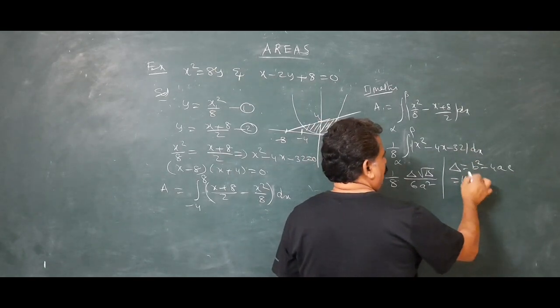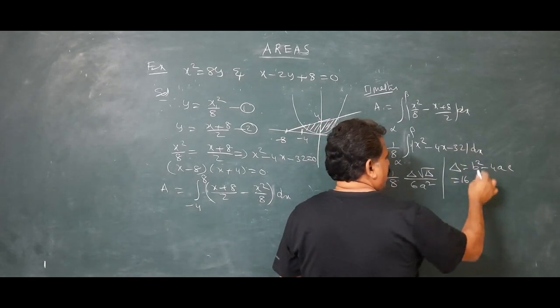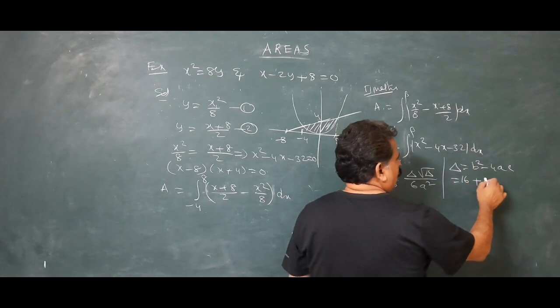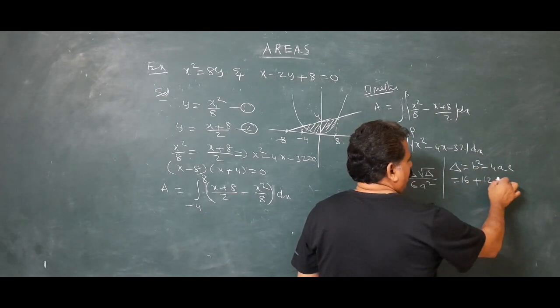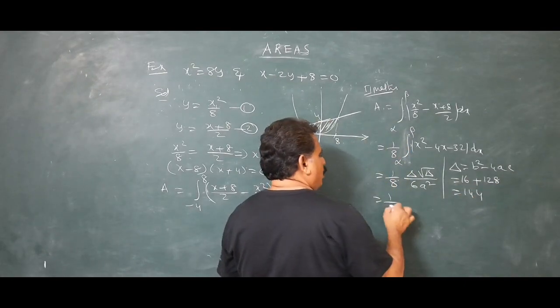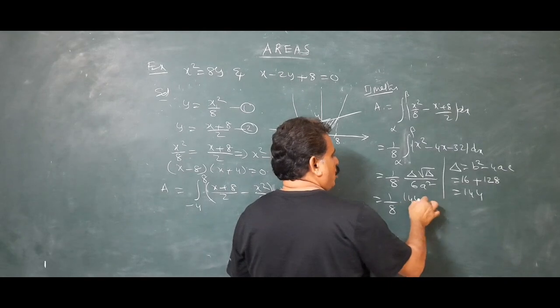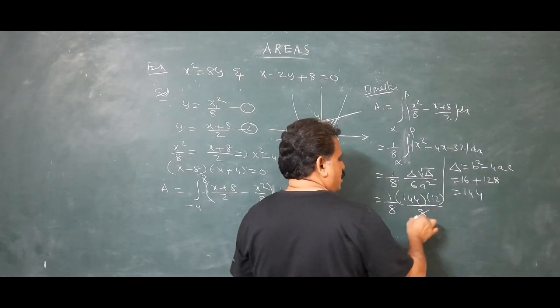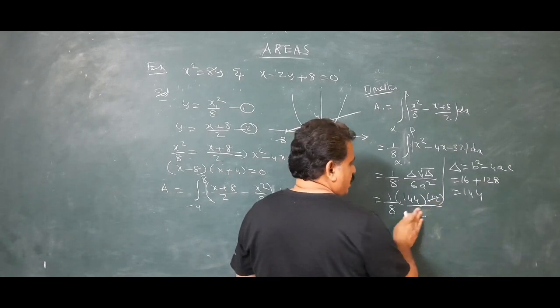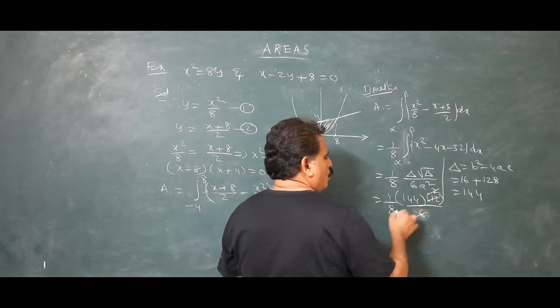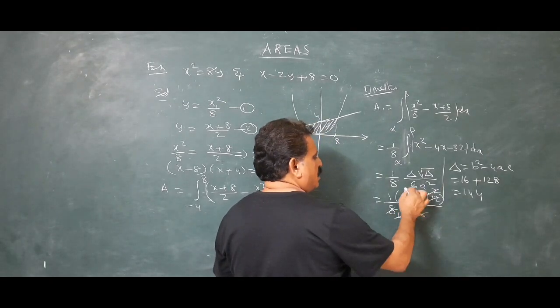Substitute: 16 plus 4 times 1 times 32, that is 128, so delta is 144. That equals 1 by 8 into 144 into 12 by 6a square. 8 cancelled in this, and by 6, 2 times, 4 times, that gives 36.